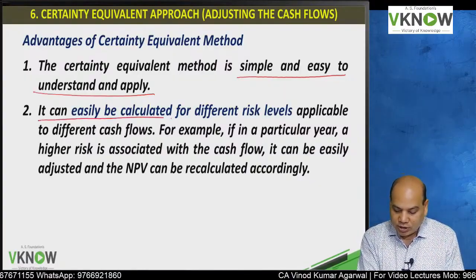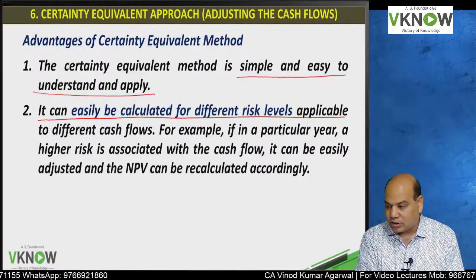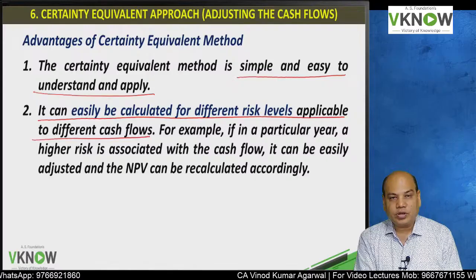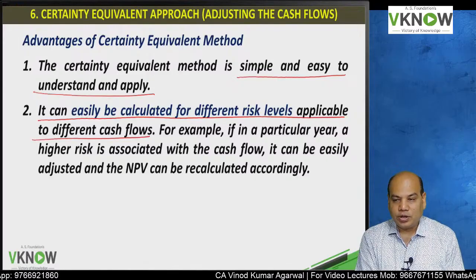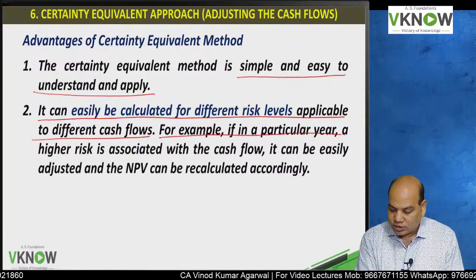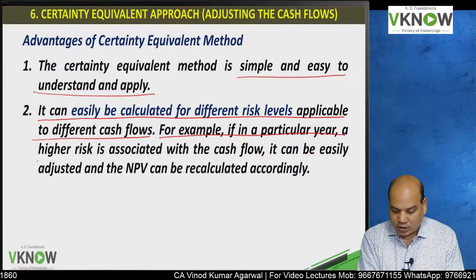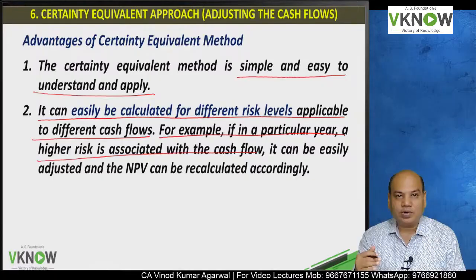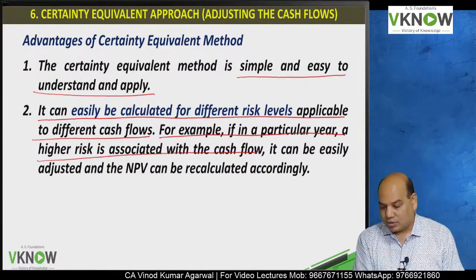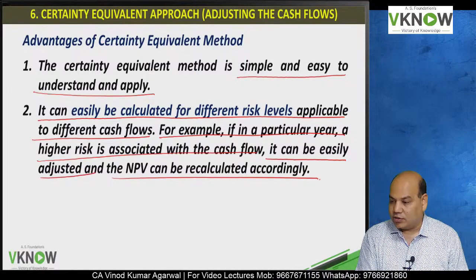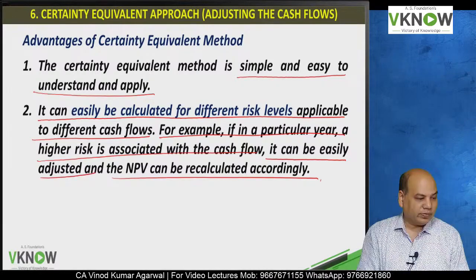It can be easily calculated for different risk levels applicable to different cash flows. If the cash flow is more risky, you can have a lower CE for that, and if the cash flow is less risky, you can have a higher CE for that, and therefore easy to adjust cash flow and easy to calculate NPV using this approach.